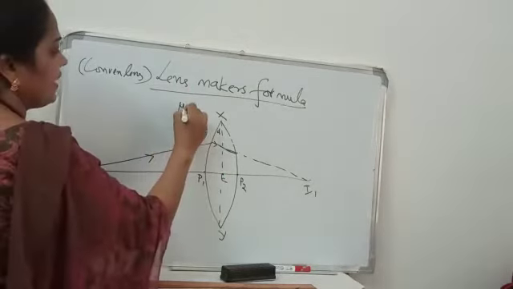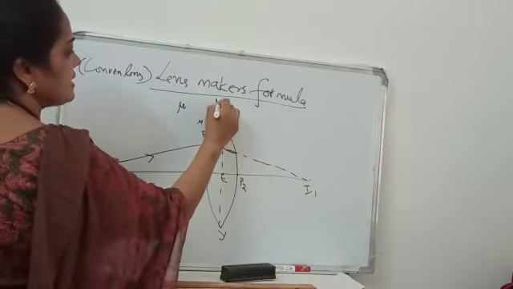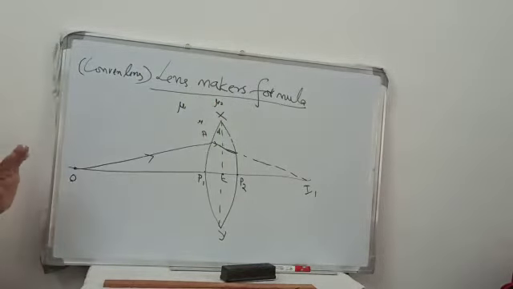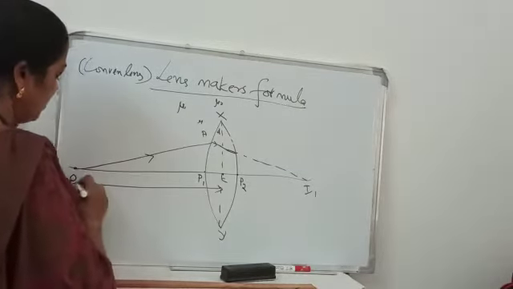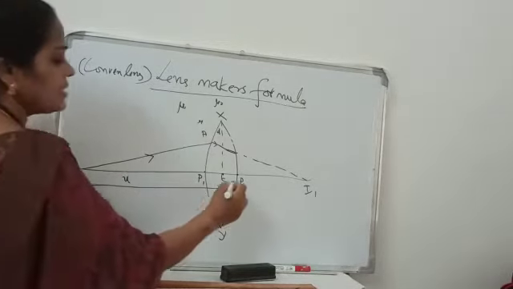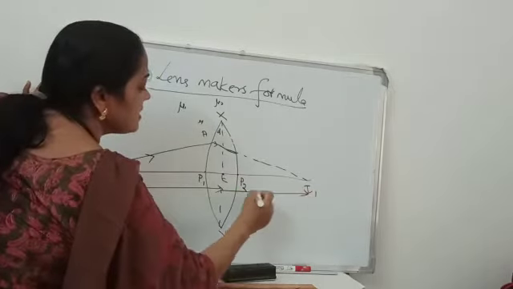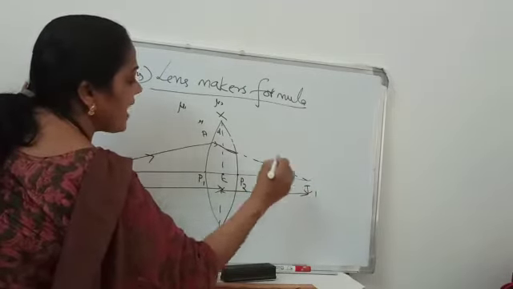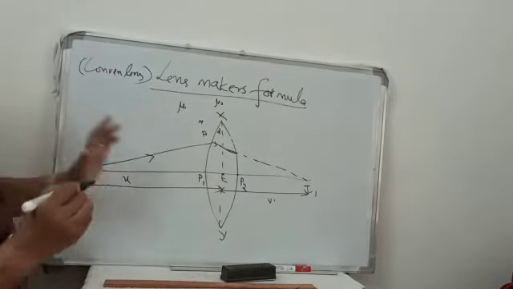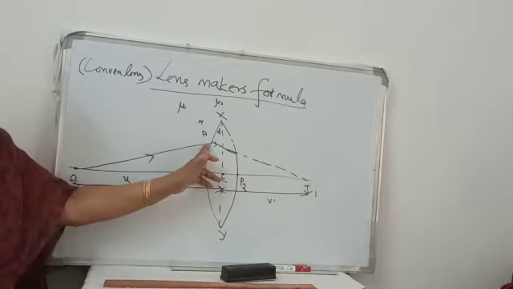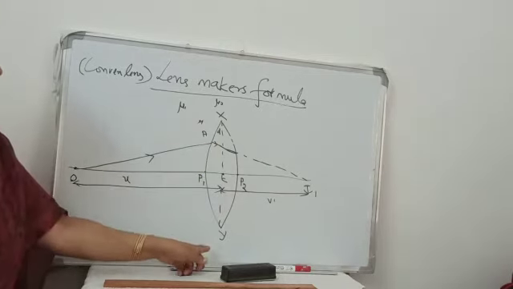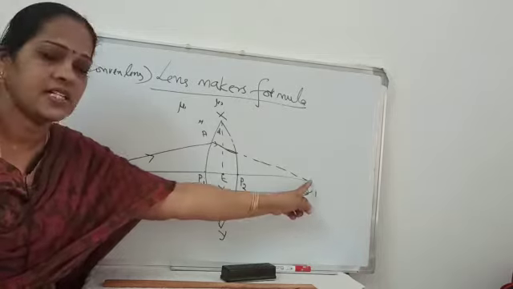Here the refractive index is mu1 and for the glass it is mu2. This will be the object distance, that is u, and this will be the image distance, that is v dash, for this point object. So a ray of light from O after refraction in the absence of the second surface forms an image at I1.